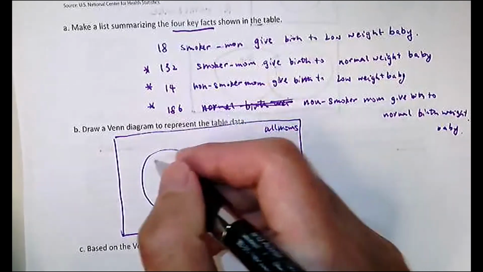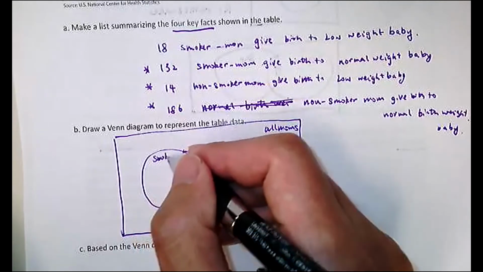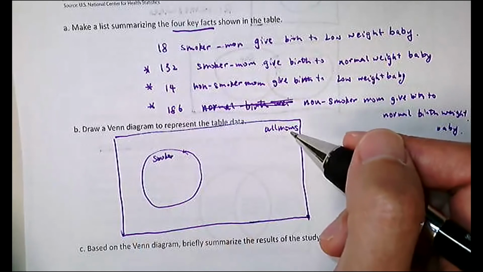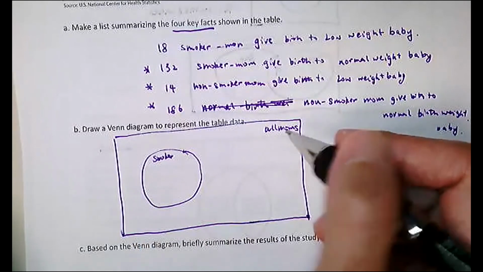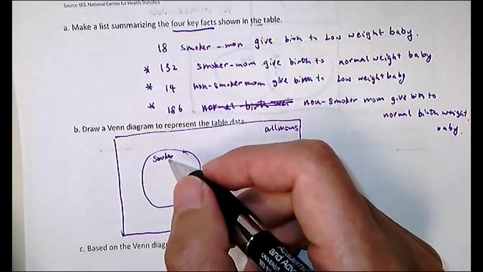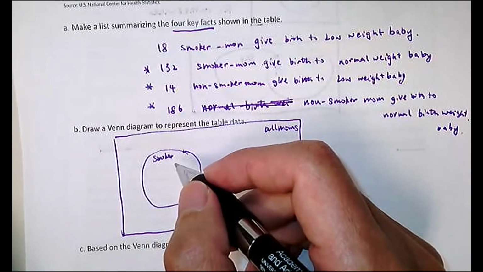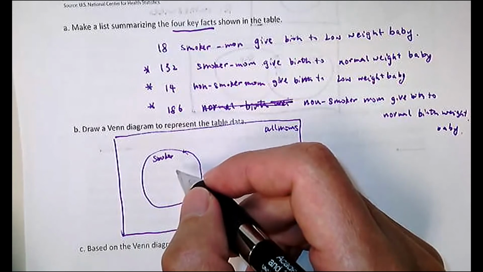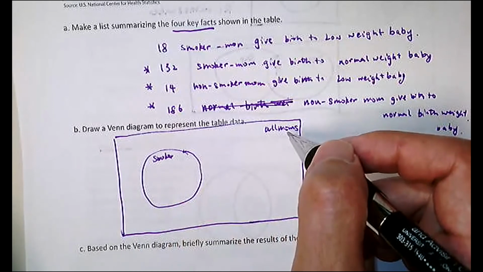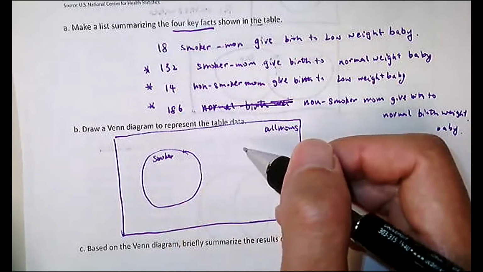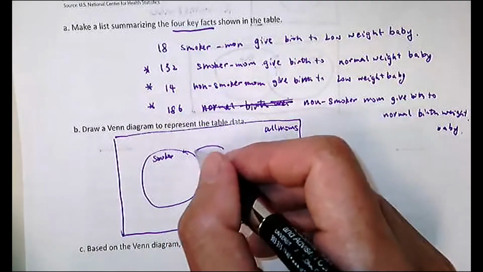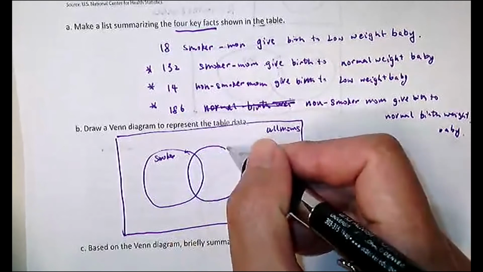So this is smoker mom. However, only a subset of smoker moms give birth to low weight babies, and only a subset of all moms give birth to a low birth weight baby. So you draw another circle to denote low weight baby.